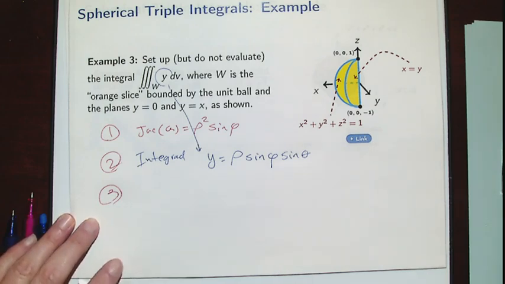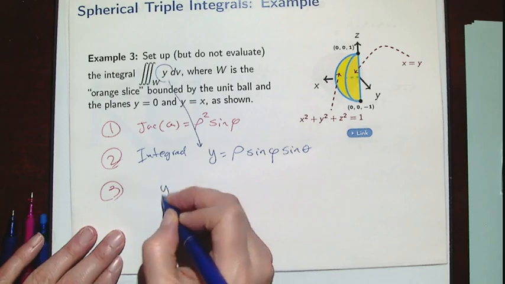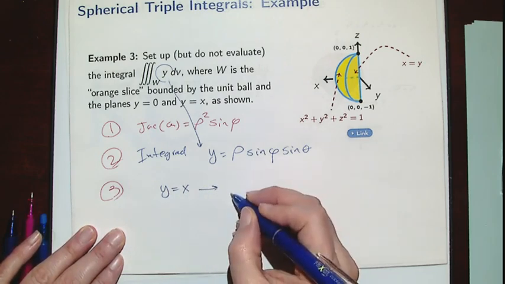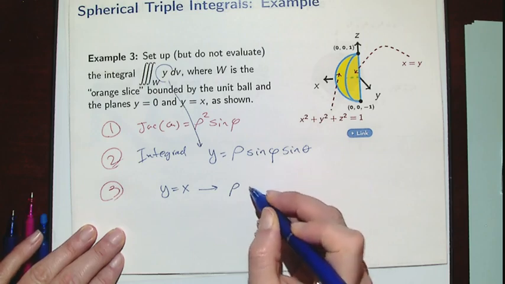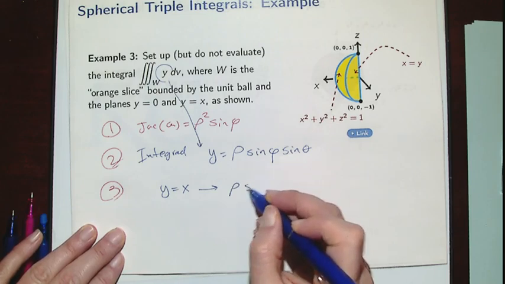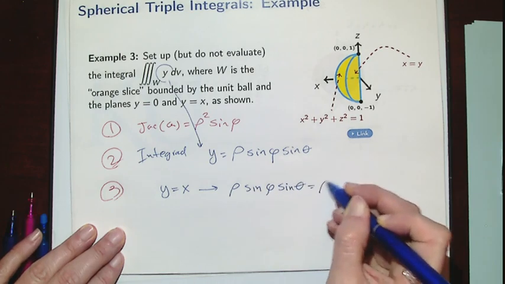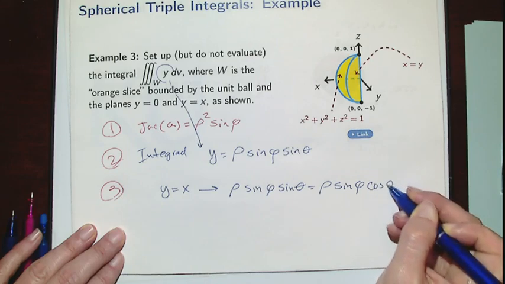I have y equal to 0, and I have y equal to x, right? So let's see. Y equal to x, let's convert. What do I get? I get rho sine phi sine theta equal to rho sine phi cosine theta.